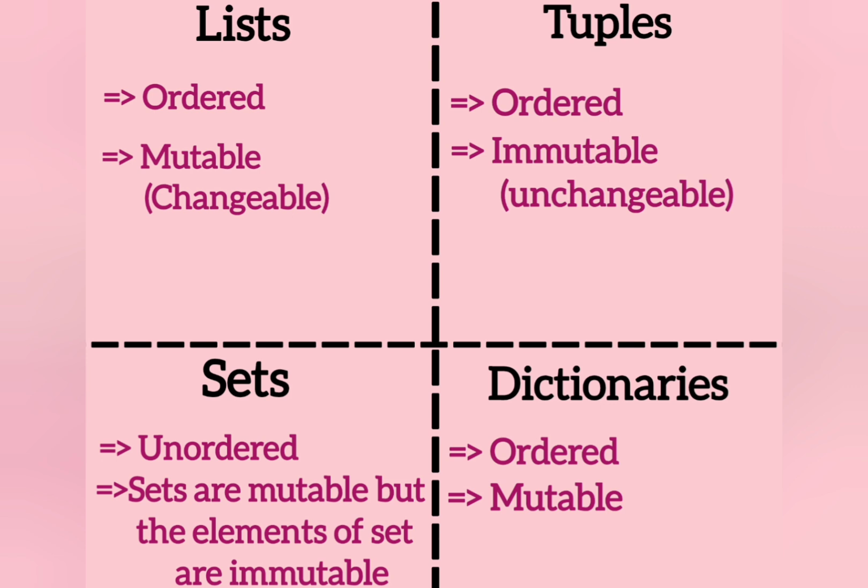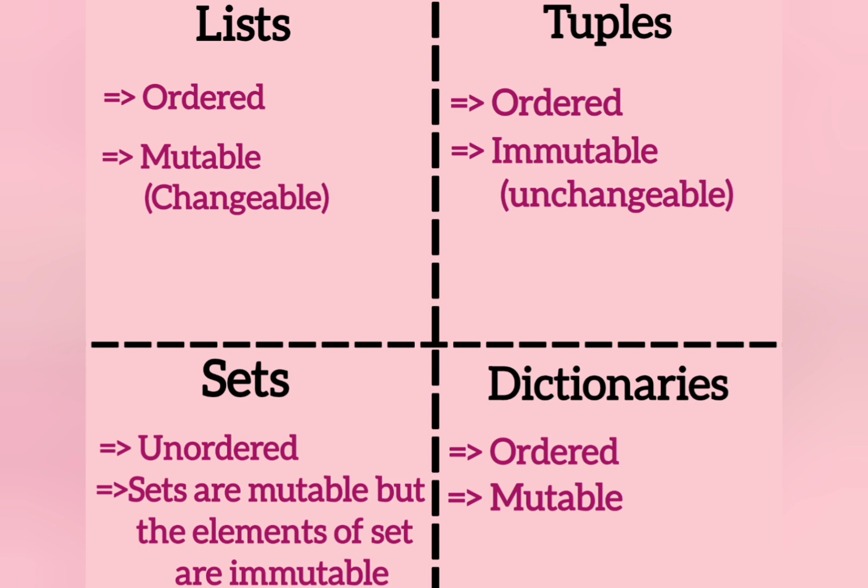That is, sets are mutable, which means we can add or remove any element from the set, but the elements are immutable, which means the elements which exist in the set can't be changed. We can remove or add, but we can't do anything else.